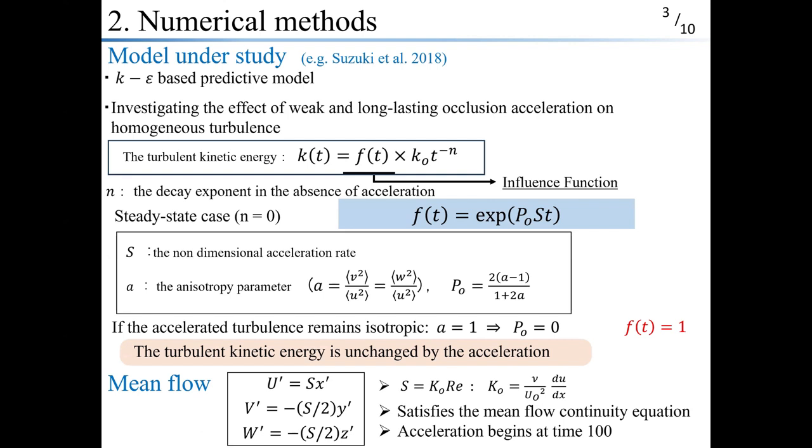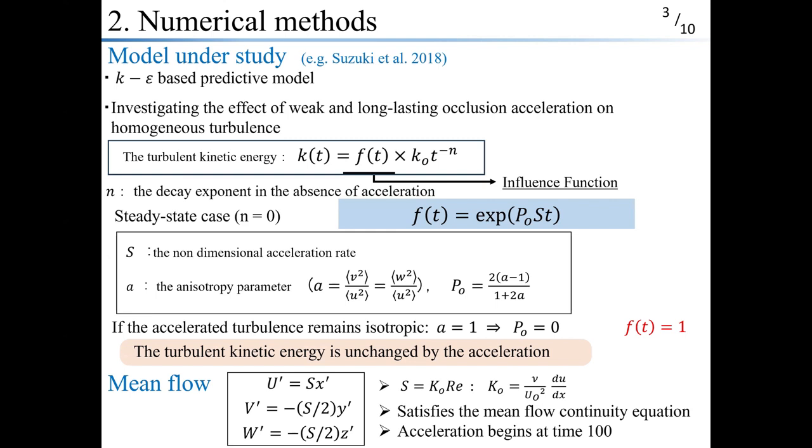This study examines how wind tunnel blockage influenced acceleration impacts turbulence using a model based on the Capson framework. The model describes the effect of acceleration on turbulent kinetic energy through an influence function F and decay exponent n.